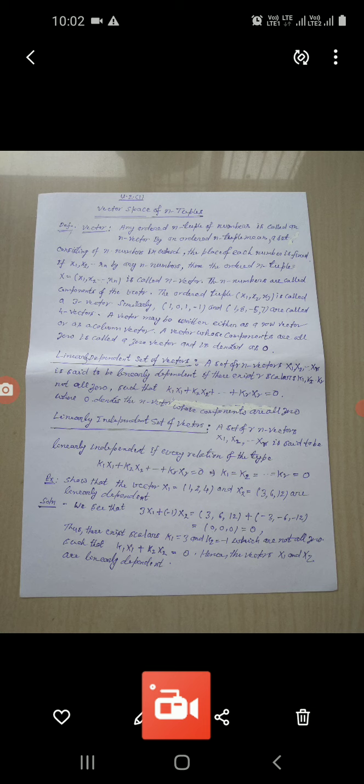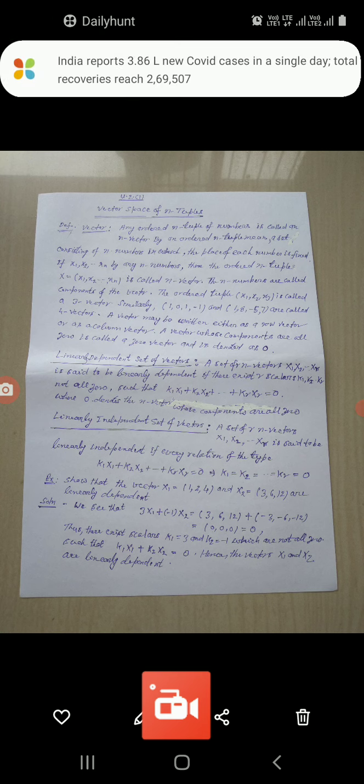By an ordered n tuple we mean a set consisting of n numbers, in which the place of each number is fixed.